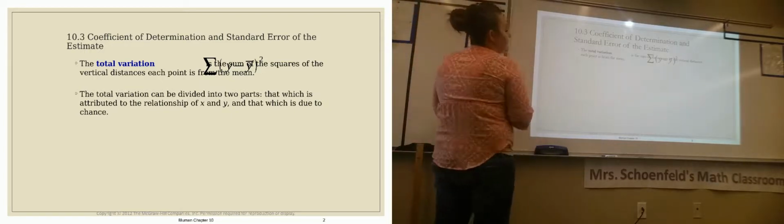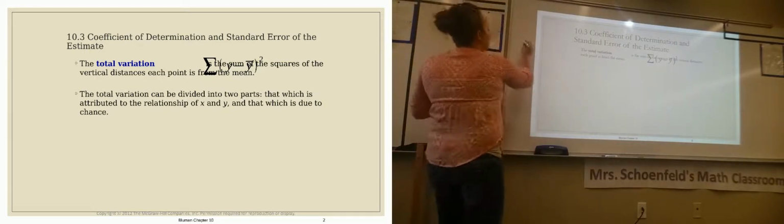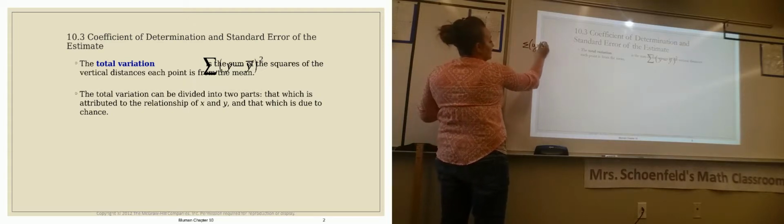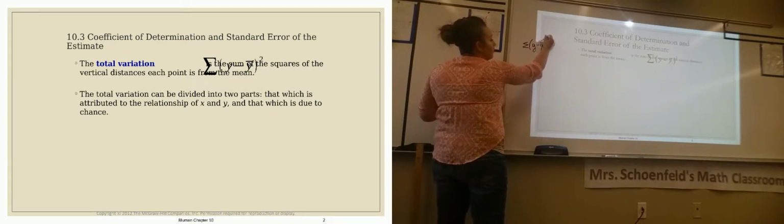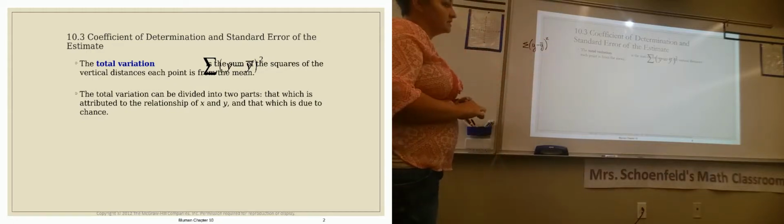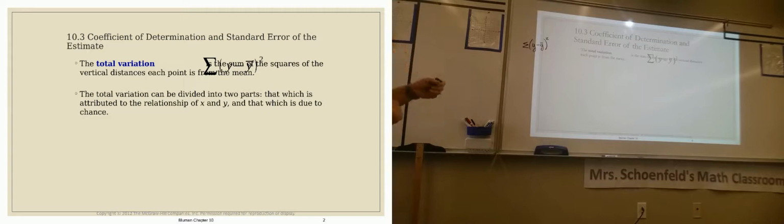We have the total variation is the sum of the (y minus y bar) all squared. It is the sum of the squares of the vertical distances each point is from the mean. Does our calculator do this one too?